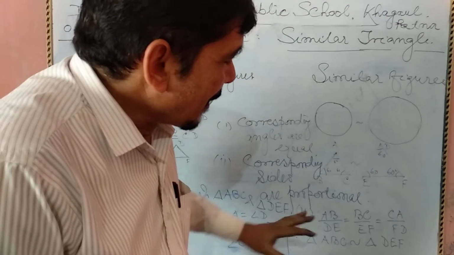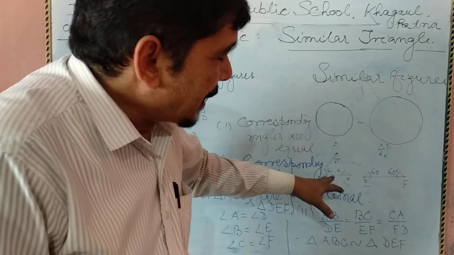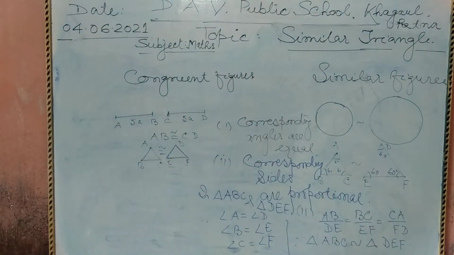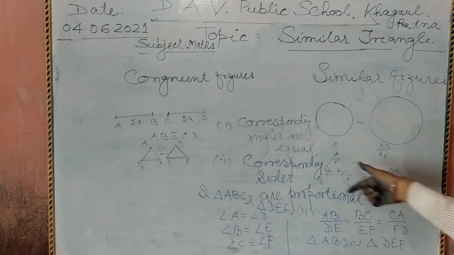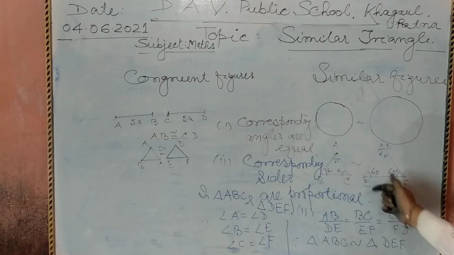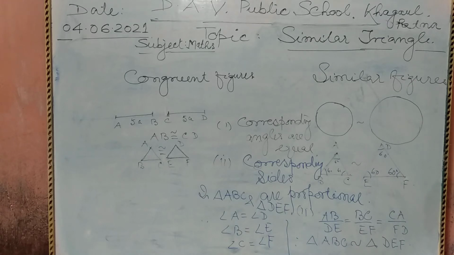Means whatever the measurements of all three sides of the first triangle and all three sides of the second triangle are given, now take the ratio of AB by DE, BC by EF and CA by FD. Okay, means all ratios of pairs of corresponding sides of two equilateral triangles should be the same. Then you can say triangle ABC is similar to triangle DEF.